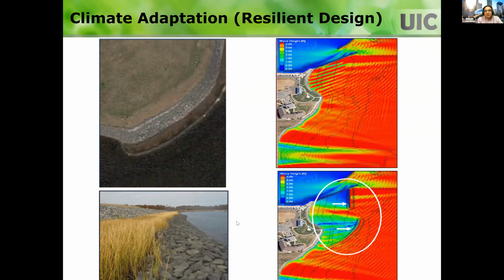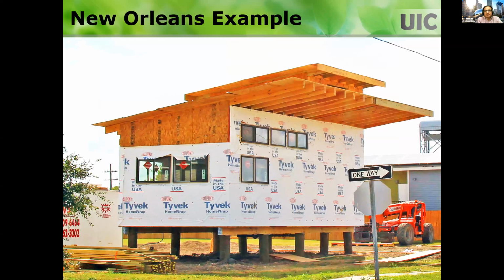A lot of people are doing modeling: okay, what happens if I don't do any protection, and if I do some protection, what happens to my water levels along the coastal areas? There is a lot of interesting work going on in this area.